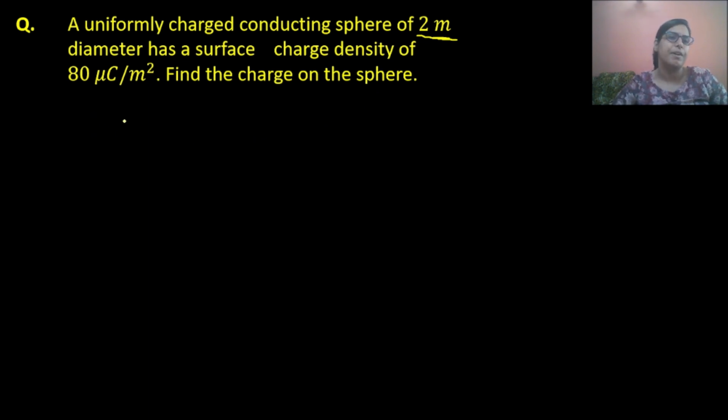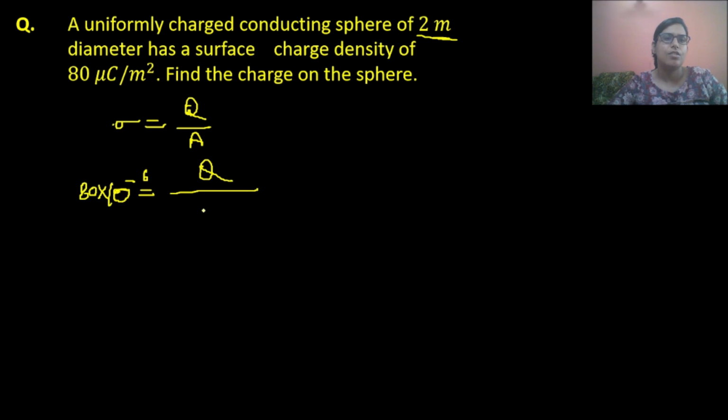Find the charge on the sphere. So we know sigma equals Q upon A. Q we have to calculate. The value of sigma is given, so this is 80 into 10 raised to power minus 6 coulomb per meter square.